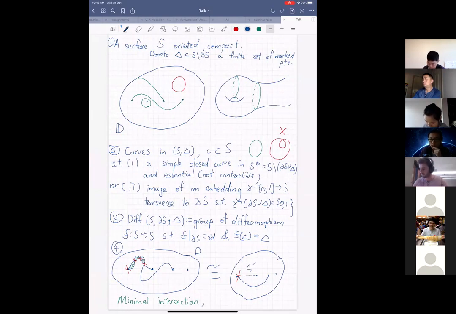Note that in this case, you just need to isotope one of them, and you can get this result, right? And of course, you need to show this is well defined, but I don't discuss it here. It's in the paper as well. It's not very important. You can just move this one out or move the other one in, and you already get your desired result. So you only need to move the second one.